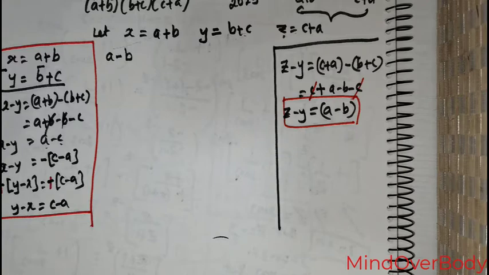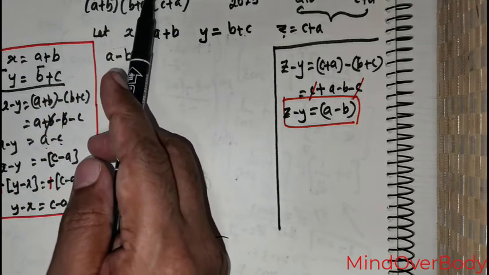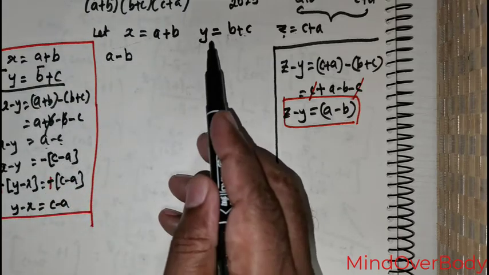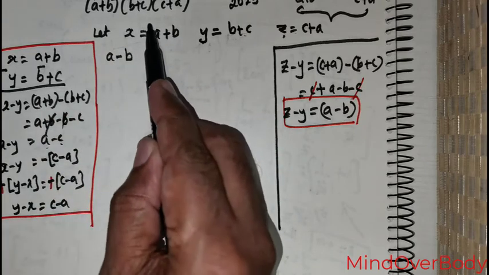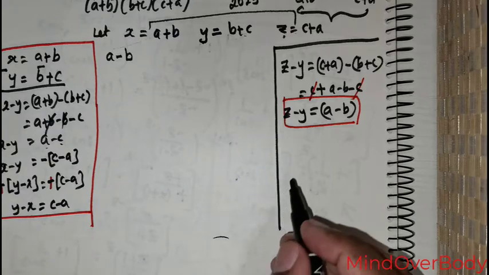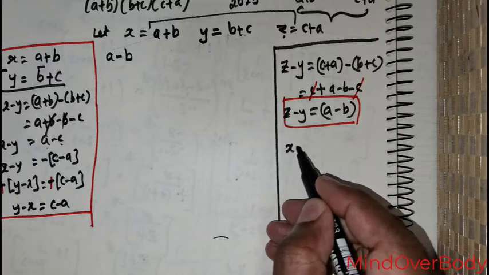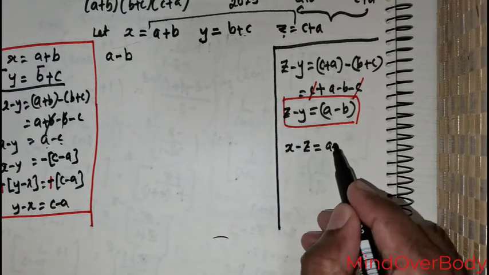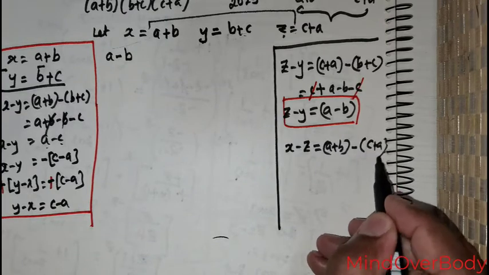That is fine. Now I need to obtain the value for b−c. To obtain b−c, we will have to connect x with z. So I will start off by taking x−z, which is going to be a+b followed by a negative sign and c+a.